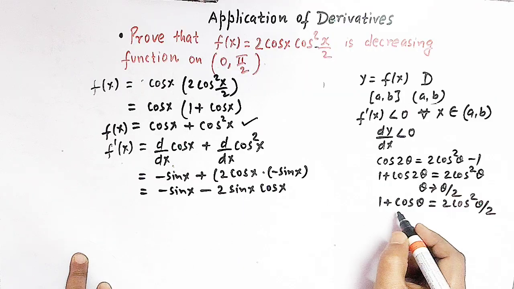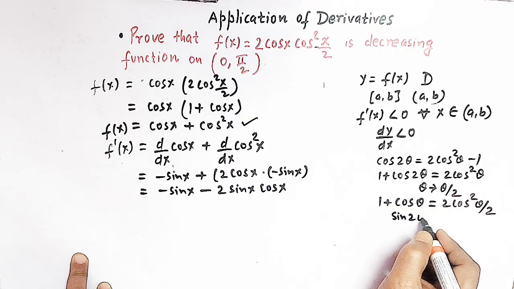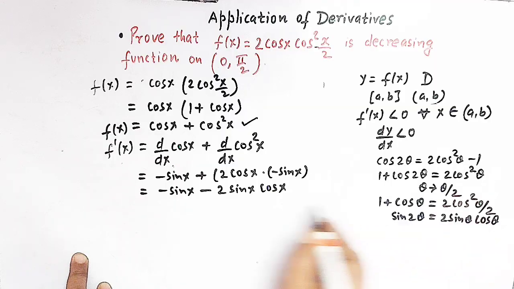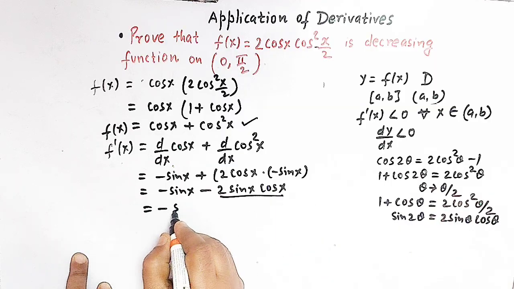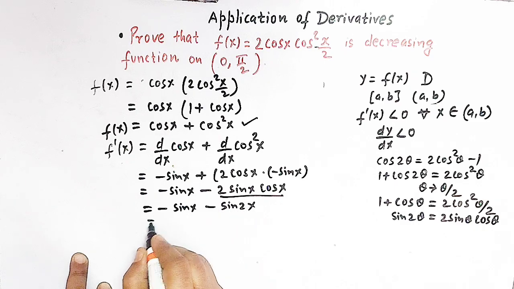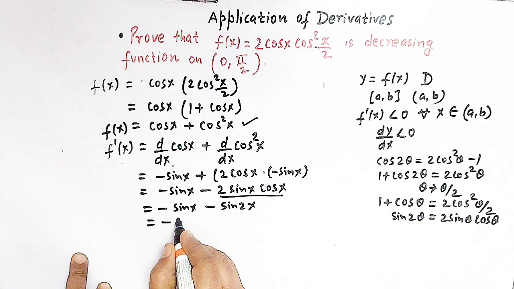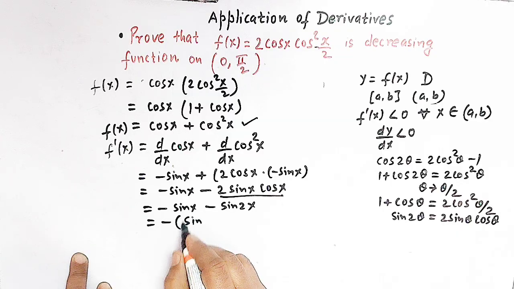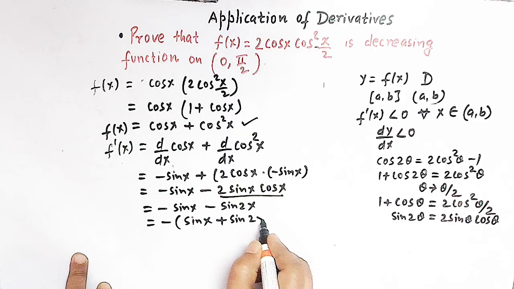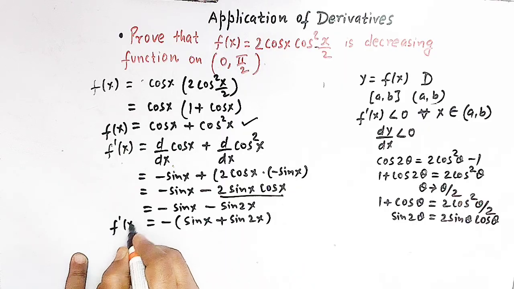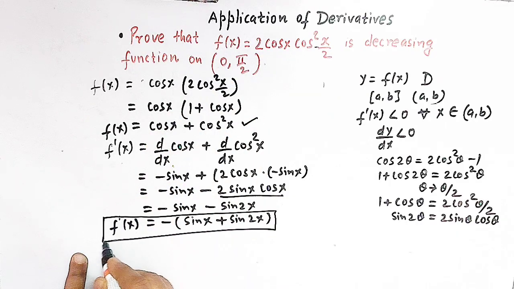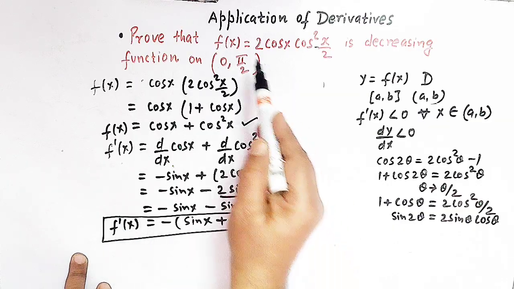So now let us use this identity, that is sine 2 theta is equal to 2 sine theta cos theta. So here we can now write minus sine x, and then we have minus sine 2x. Now taking the negative sign common here, we have minus, then within the brackets we have sine x plus sine 2x.